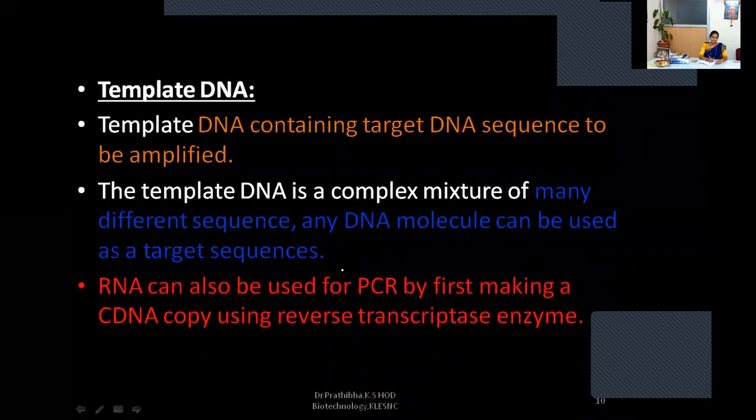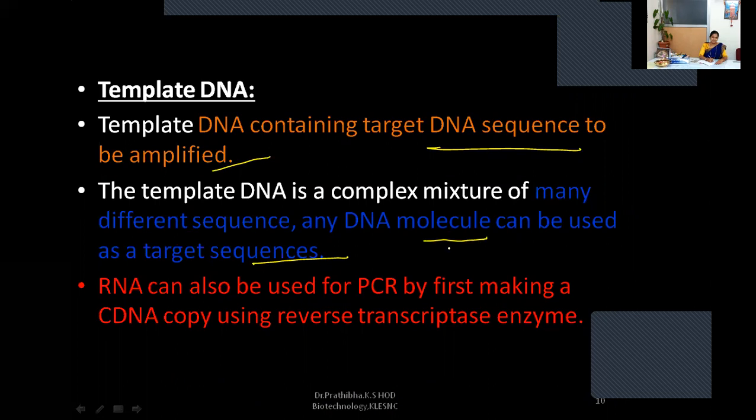Now let us go through what the template DNA is. Template DNA contains the target DNA sequence to be amplified. The template DNA is a complex mixture of many different sequences. Any DNA molecule can be used as a target sequence. RNA can also be used for PCR by first making a cDNA copy using the reverse transcriptase enzyme. As we already studied in the previous semester, RNA can be a genetic material.